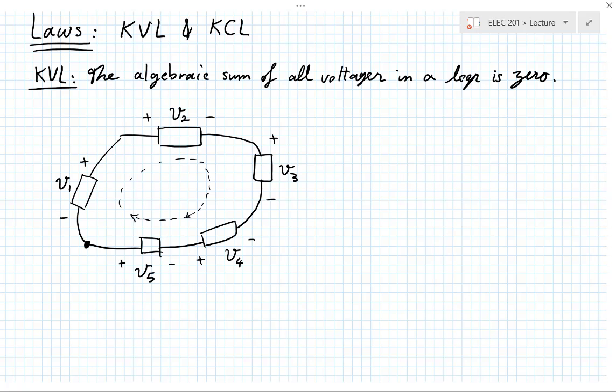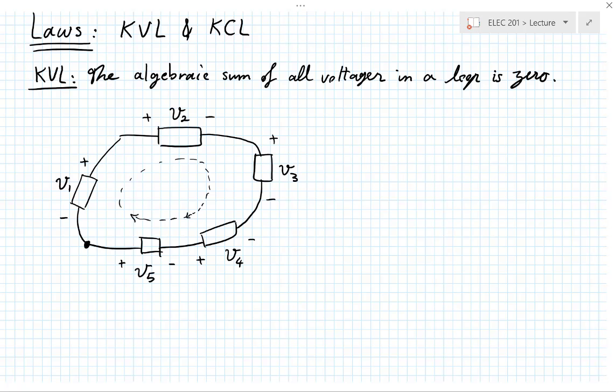In the case of element 1 here, if I go in this direction that I have indicated, which happens to be clockwise, I'm going from the negative side to the positive side. Whereas if I go through element 2, I go from the positive to the negative side. For element 3, I go from the positive to negative side again. For element 4, I'm going through the negative to the positive side, and same for element 5.